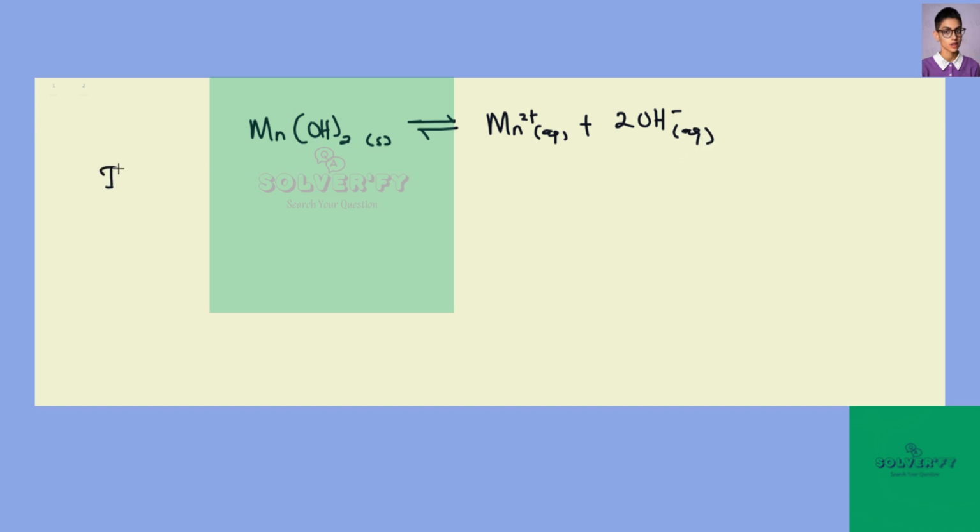So initially, this is nothing, and this is 0. And we have 3.16 times 10 to the power minus 5 to be equals to the concentration of the hydroxide.